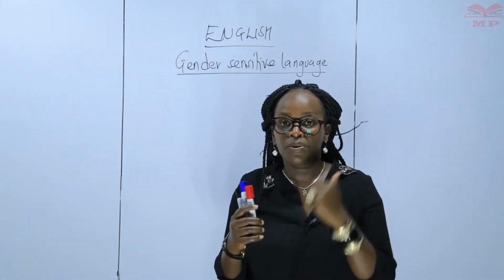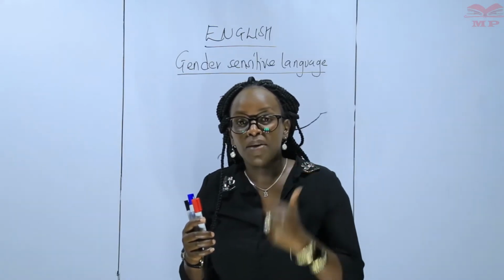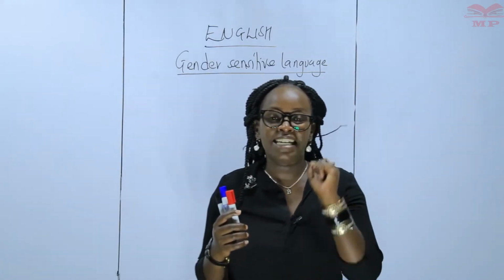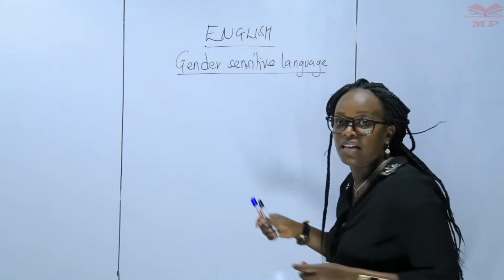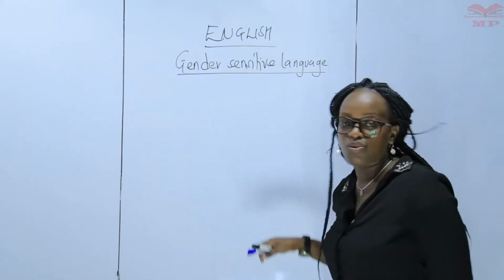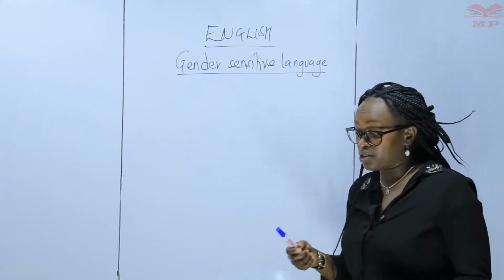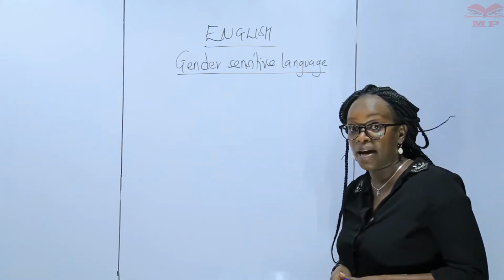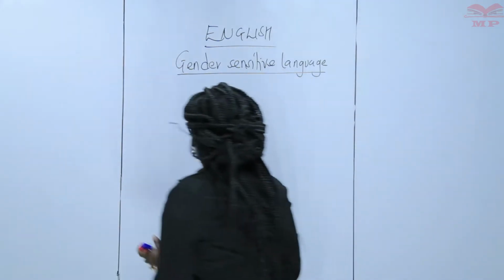So it is very important to pay attention to such small details, as they may make you an ineffective communicator. I'm going to start by giving you a few sentences. Then we will read through them and try to see whether the sentences are gender biased or gender sensitive.